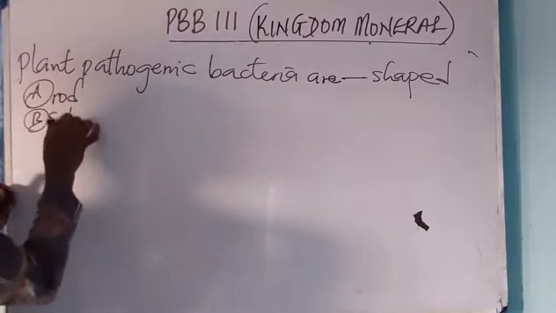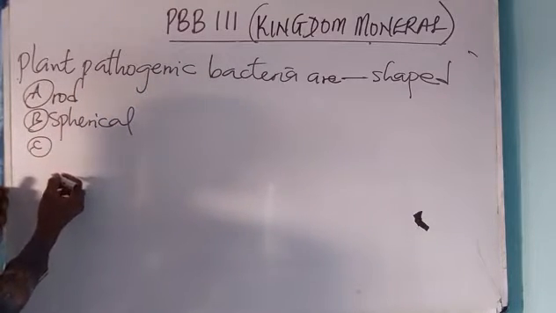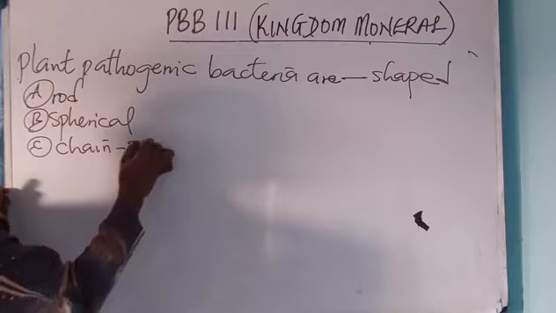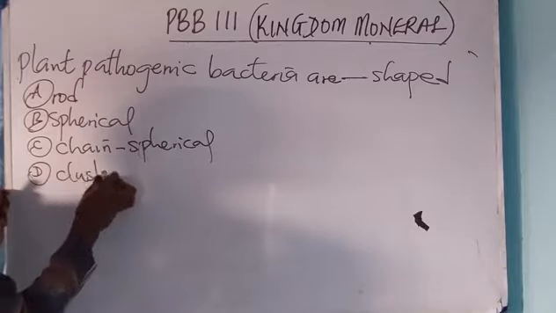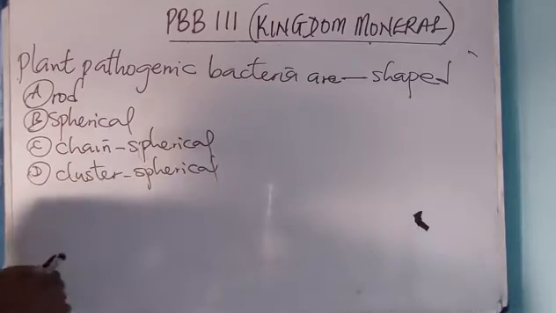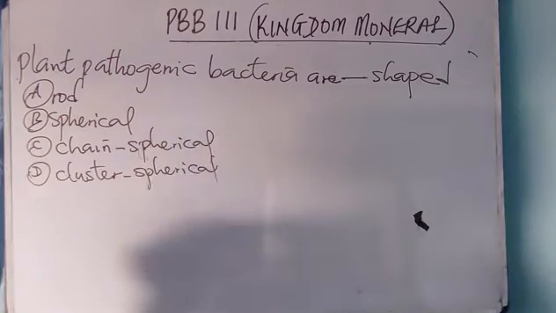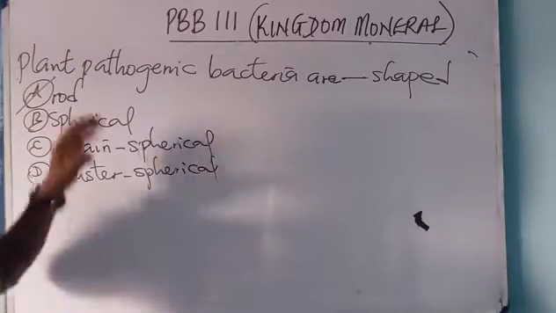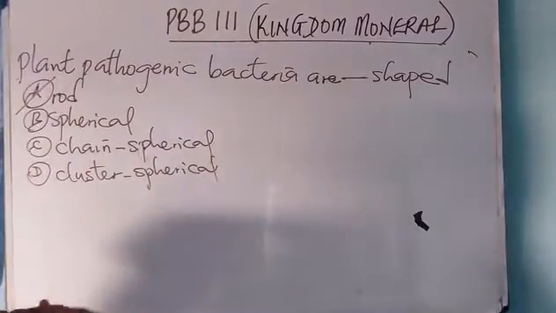B, spherical shaped. C, chain spherical. D, cluster spherical shaped. So what is the answer? Please, plant pathogenic bacteria are rod shaped. Take note of that. Plant pathogenic bacteria are what? Rod shaped. They are rod like in shape.